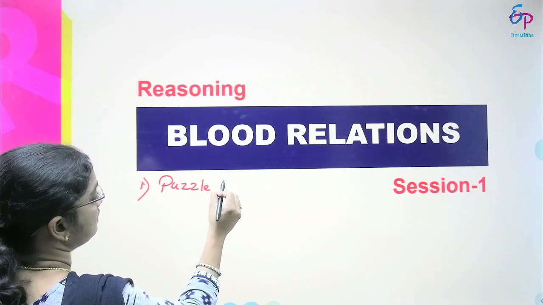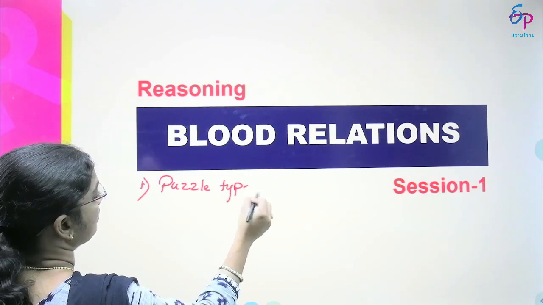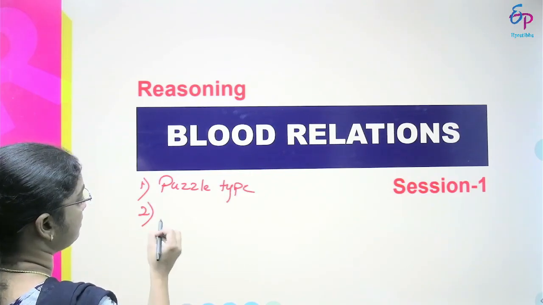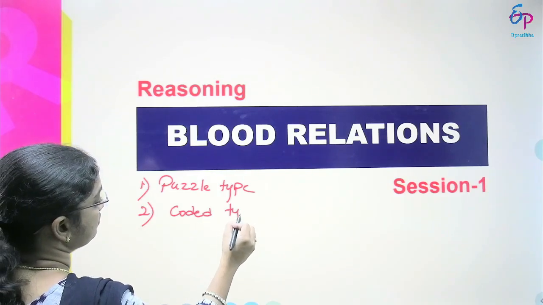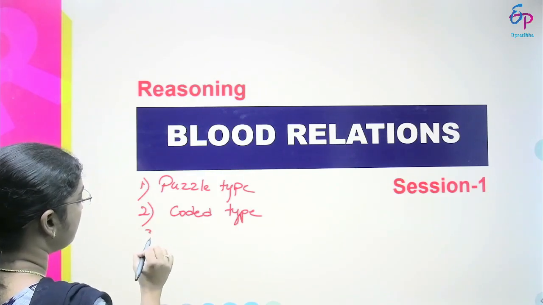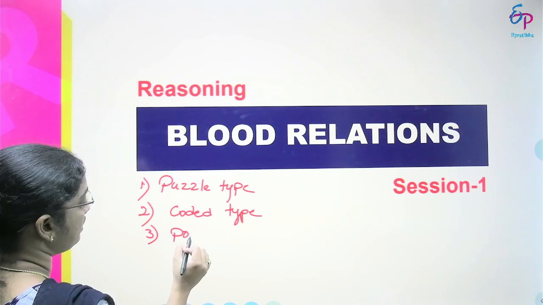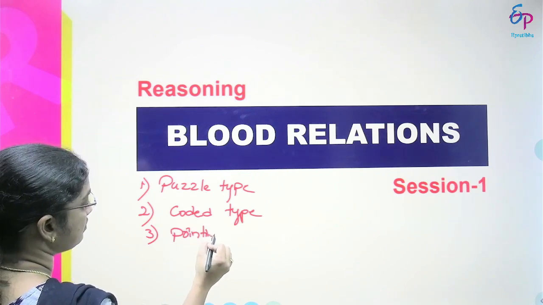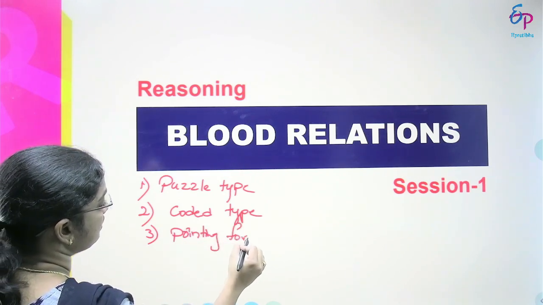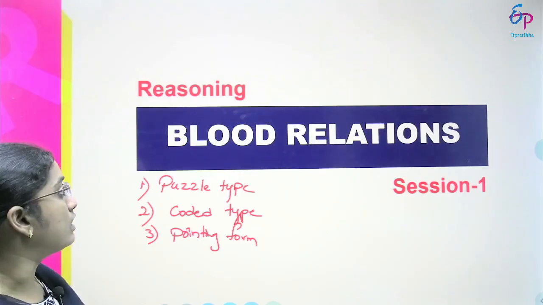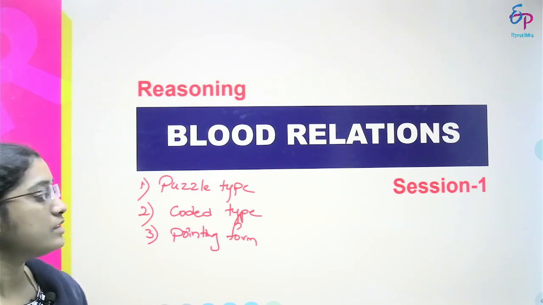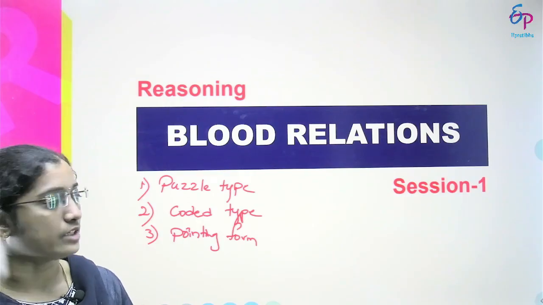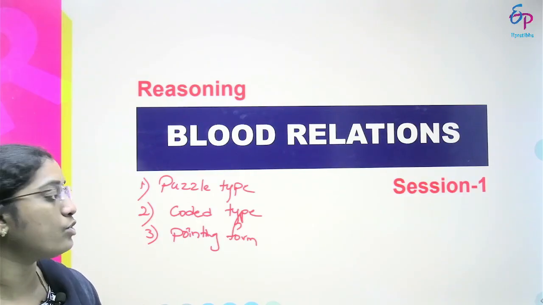The second type is coded type questions, and the third type is pointing form. So the first type is puzzle type question, then coded type question, and pointing form question.